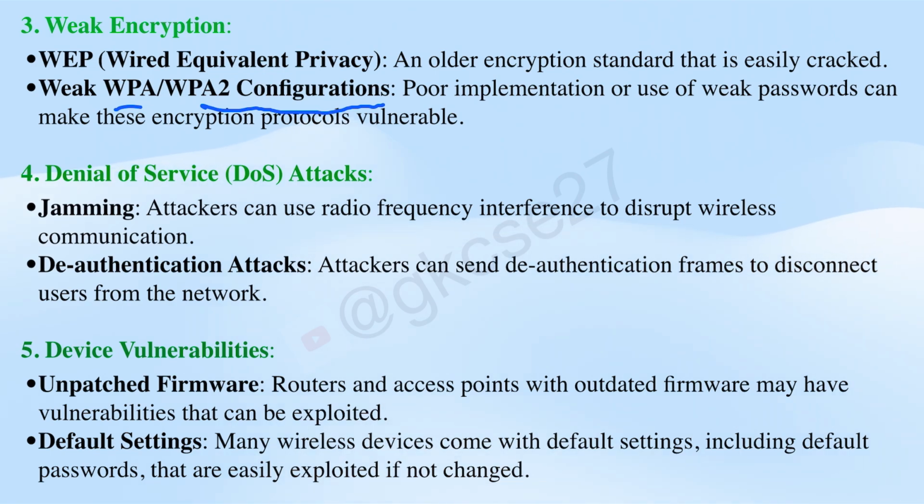Next is denial of service attacks. What is DoS? Jamming. Attackers can use radio frequency interference to disrupt wireless communication. They will just put some garbage radio frequency in the path of your original communication, jamming the network through which you send data or communicate.